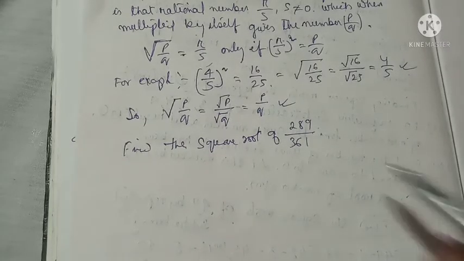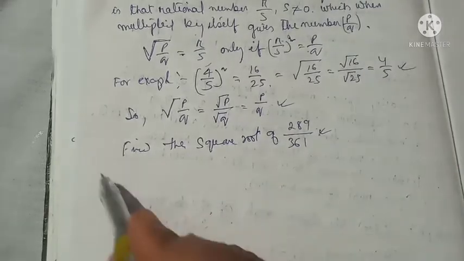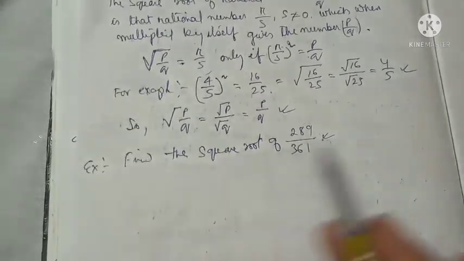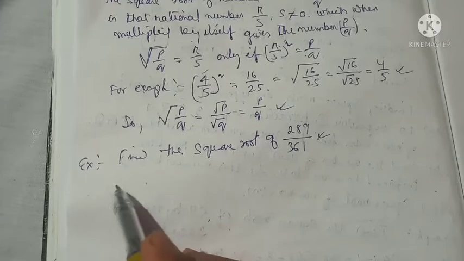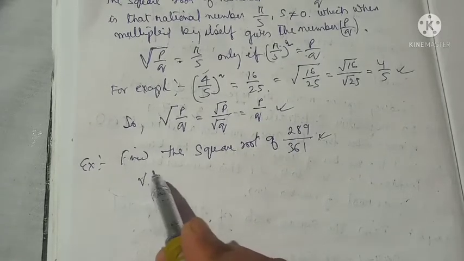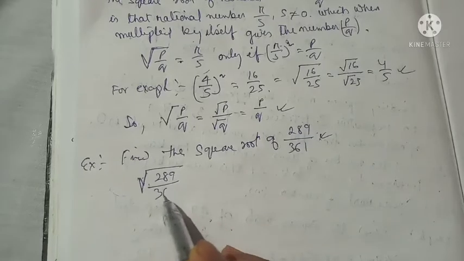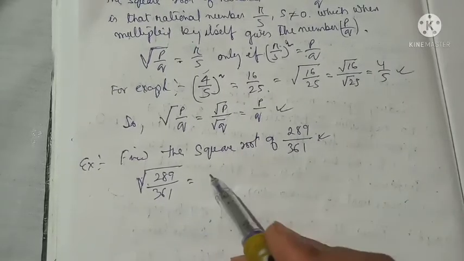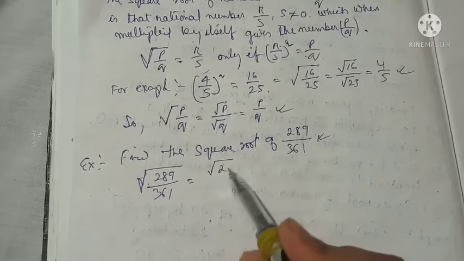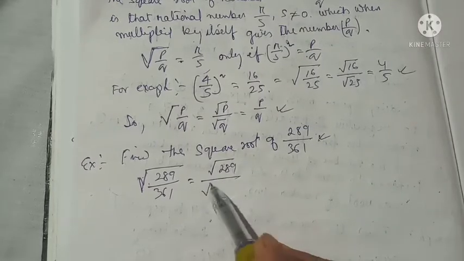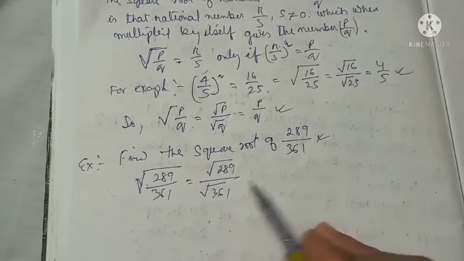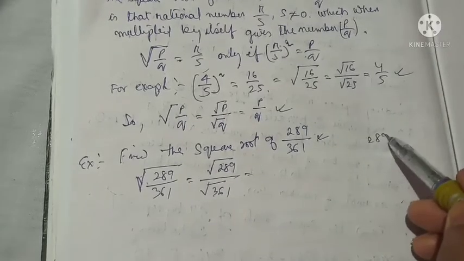So what we are going to do is find the square root of 289 by 361. First we have to find the square root of 289 and of 361. You can find this by the prime factorization method also, no problem.